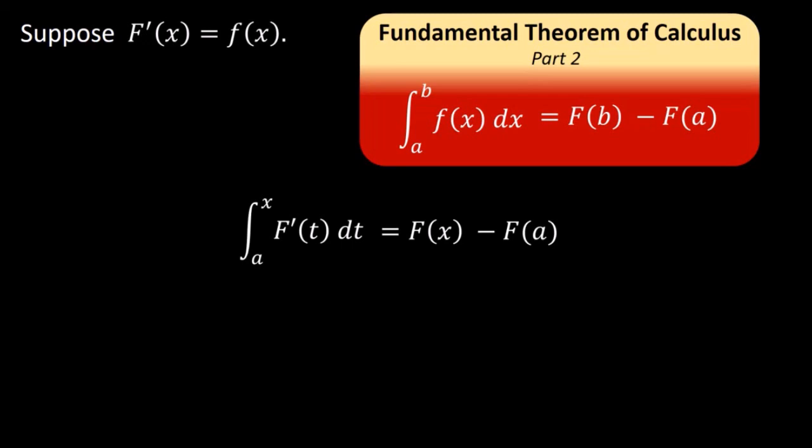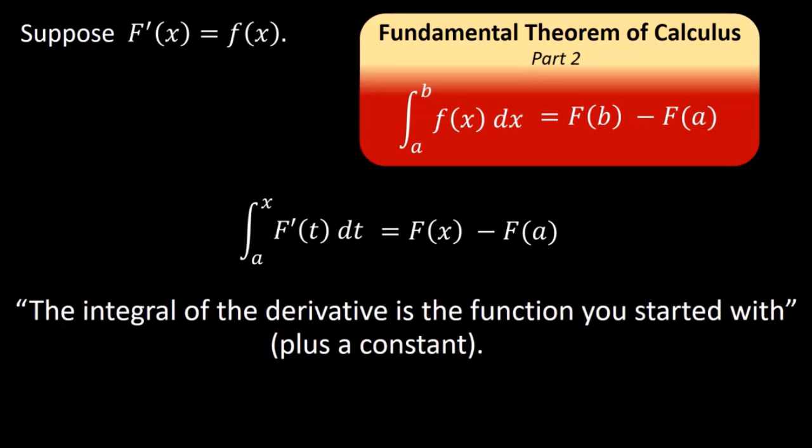Okay, so to emphasize this paraphrase of the theorem, it says the integral of the derivative of a function is the function that you started out with, well, up to a constant. So this is the nutshell version of the theorem that I paraphrased for mass consumption earlier.